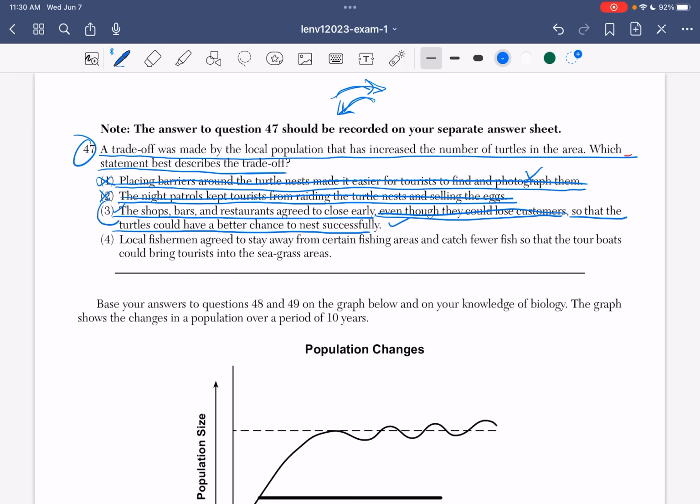Yes, that is a trade-off. I'm pretty sure the answer is 3 for 47, but let's take a look at number 4. Local fishermen agreed to stay away from certain fishing areas and catch fewer fish so that the tour boats could bring tourists in. This is not good for the turtles. This isn't even talking about the turtles, so it's definitely not 4. For 47, the answer is choice 3.